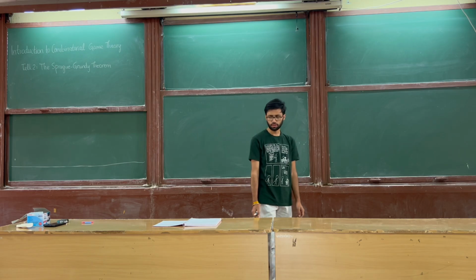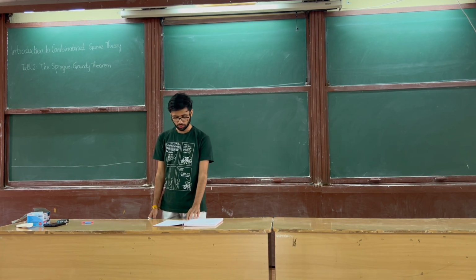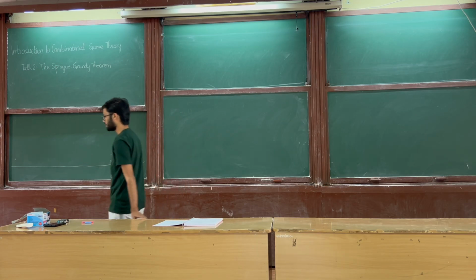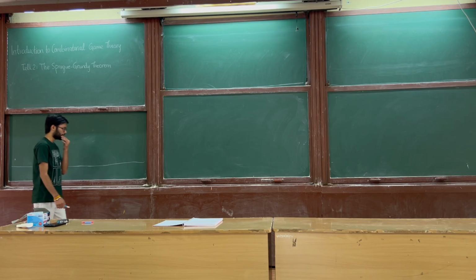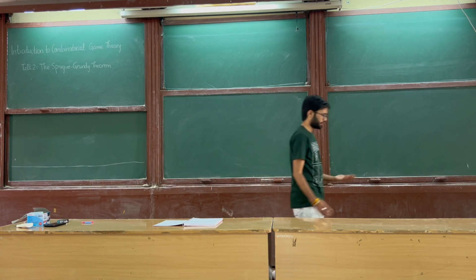So this is the second talk on combinatorial game theory. Today, as I said in the last talk, we are going to look at several things, including the definitions of game itself.